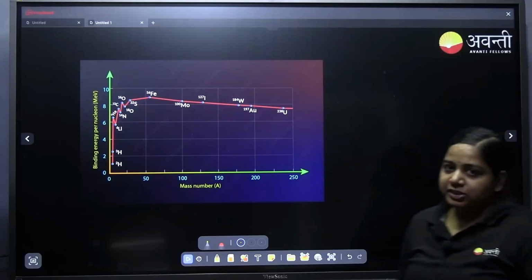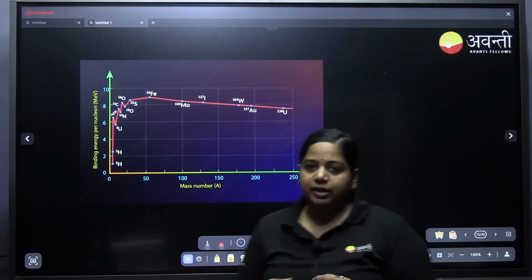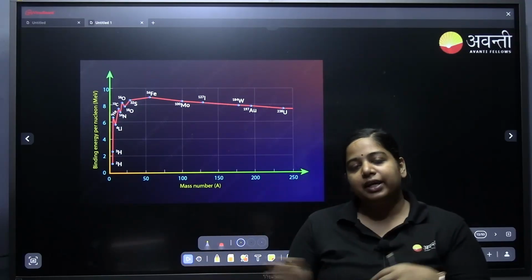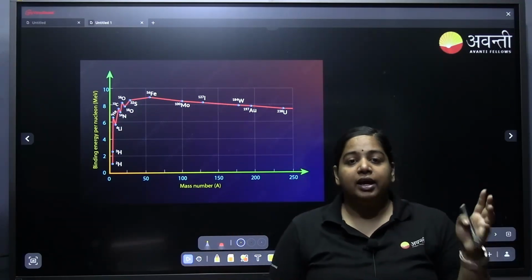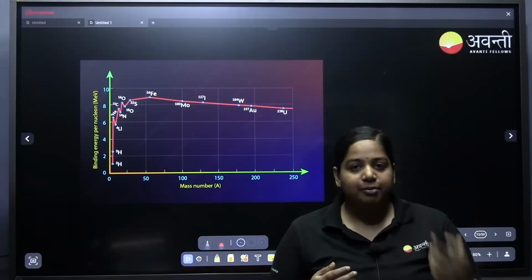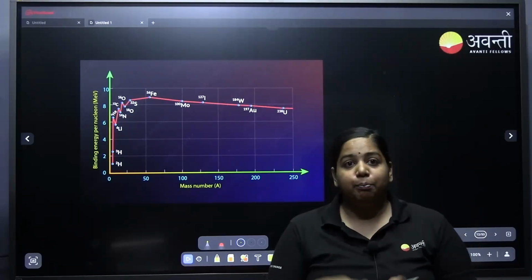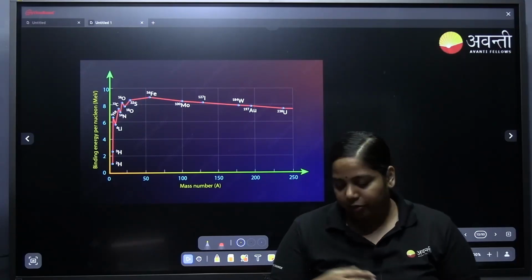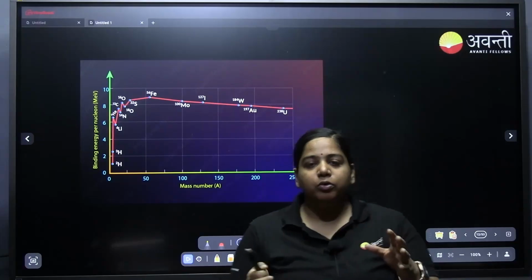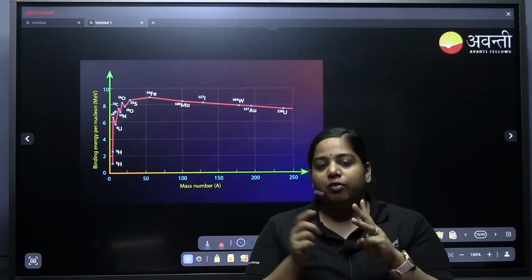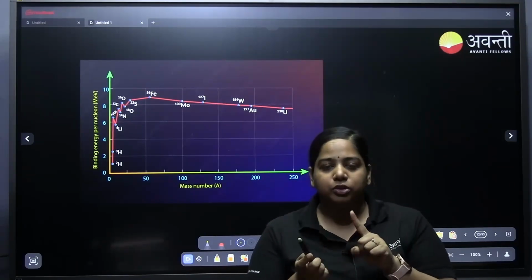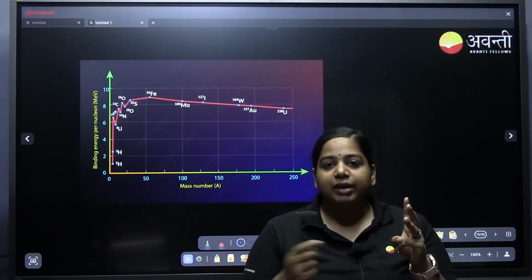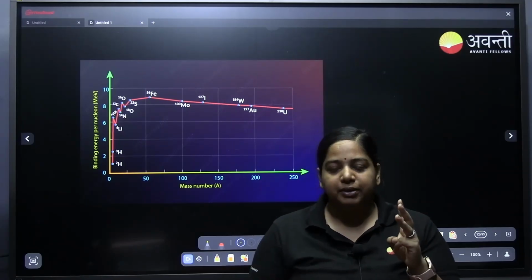Next is binding energy curve. So as you know, we are not talking about total binding energy. Total binding energy being more doesn't mean that it is a more stable atom or stable nucleus. Binding energy per nucleon should be more, then only it will be a stable atom. For example, let's say in your home there are 3 people. If only one person is earning 50,000 rupees, then for 3 people, 50 by 3 will be the expenditure, right?